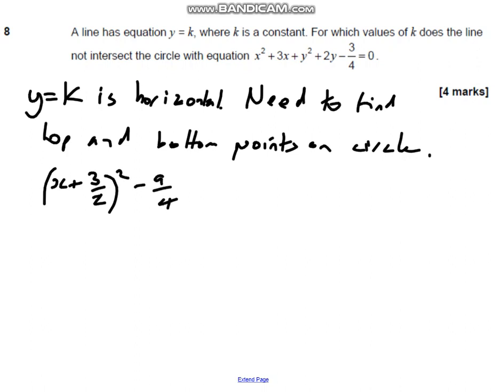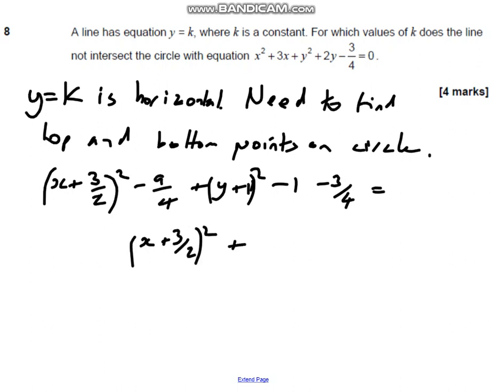And for the y ones, y plus 1 all squared minus 1, and we've still got the minus 3/4 here, and look, 9/4 and 3/4, so that's 12/4, which is 3, and so x plus 3 over 2 all squared plus y plus 1 all squared is equal to 4.